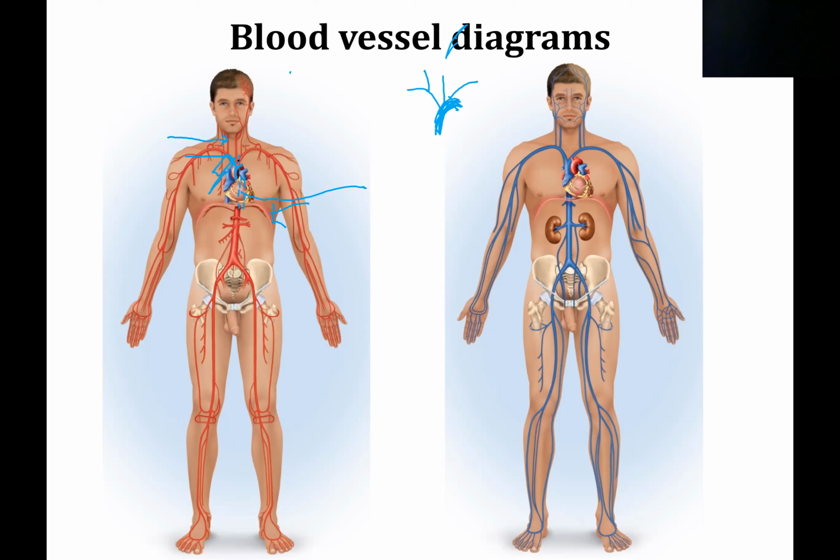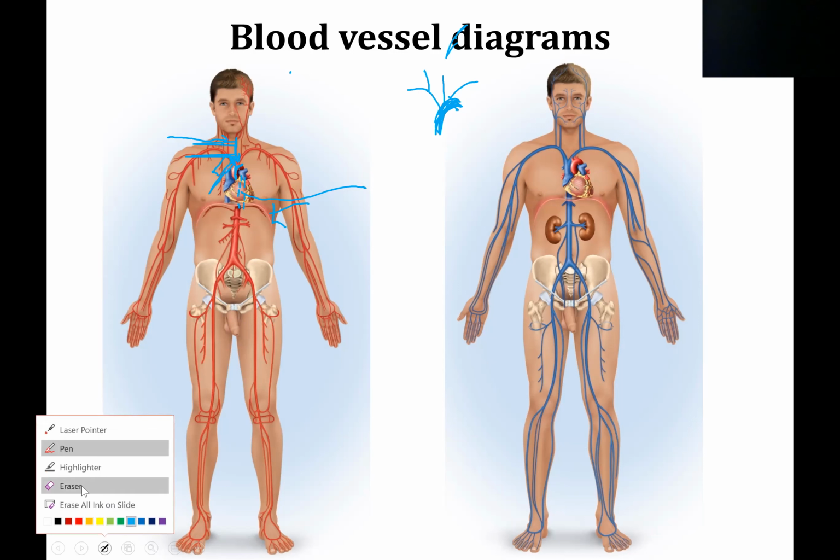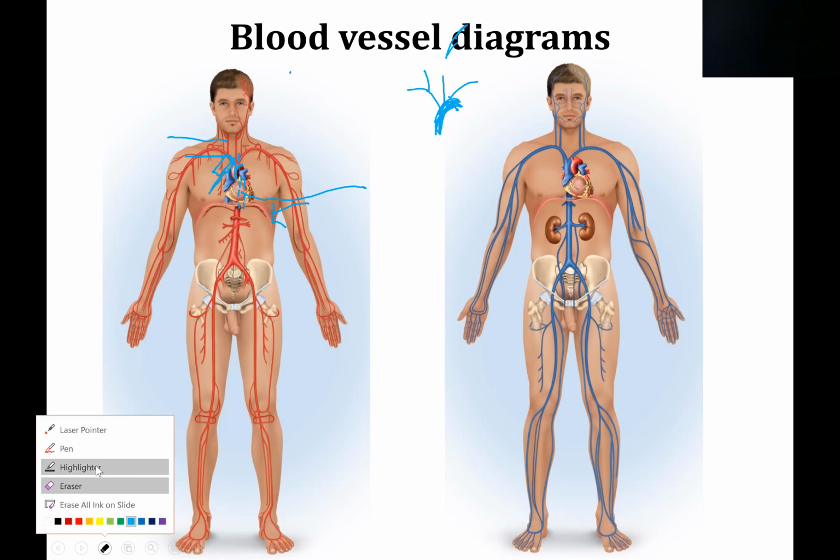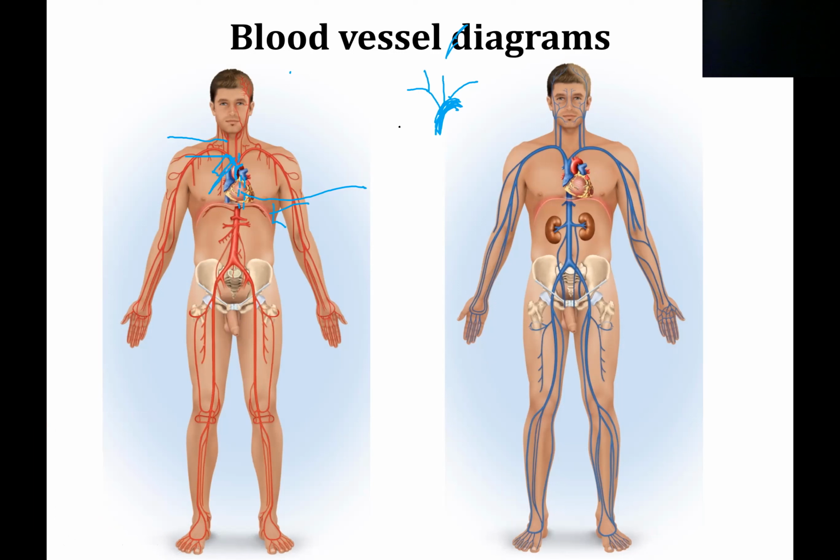The left common carotid artery is the second branch off of the aortic arch. See if I can clean that up. Maybe if I used black, that might be better.